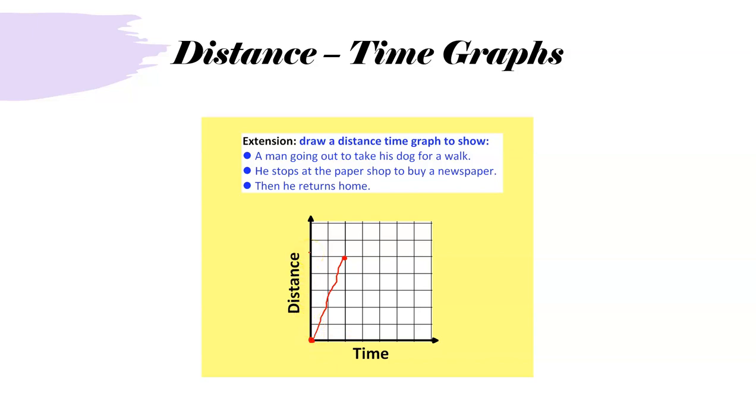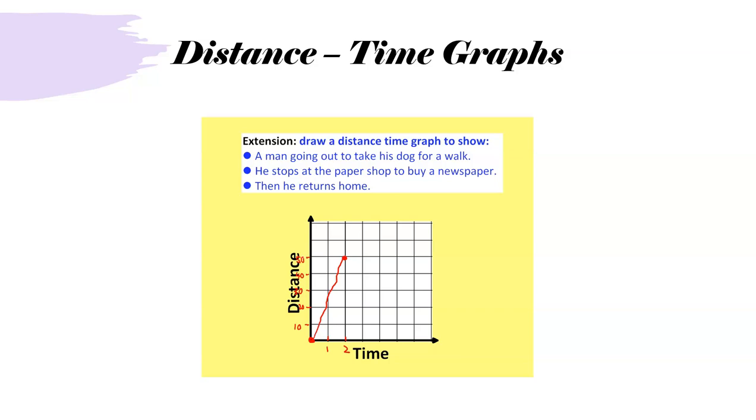If time was in minutes, I might say that this is 1 minute and this is 2 minutes. I could say that my distance was in meters, so I might say that this is 10 meters, this is 20 meters, 30 meters, 40 meters, and 50 meters.